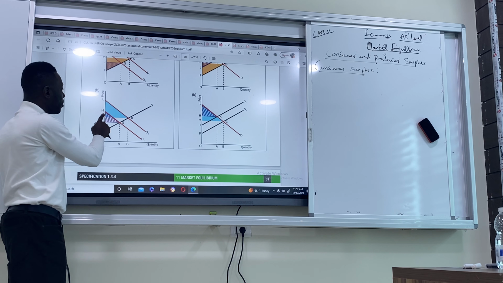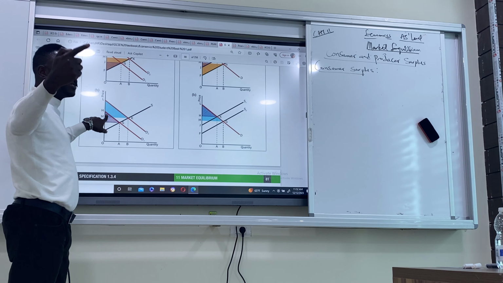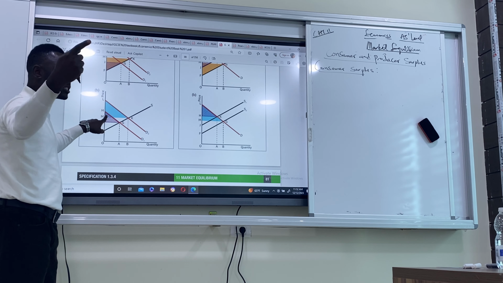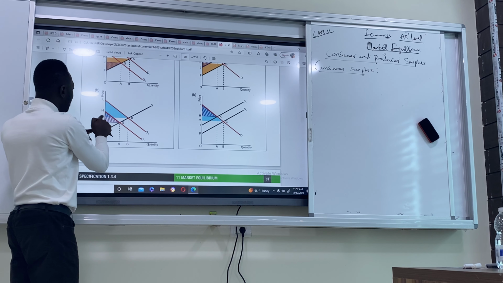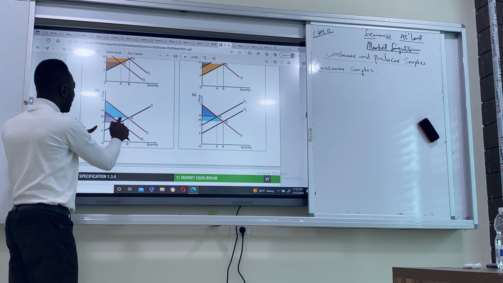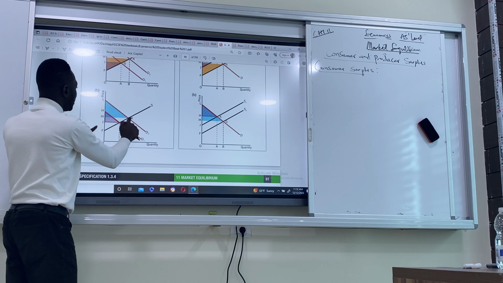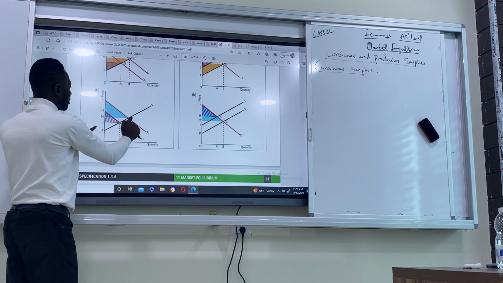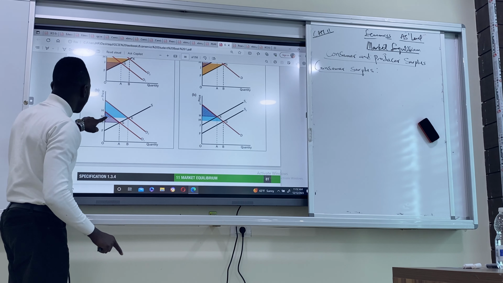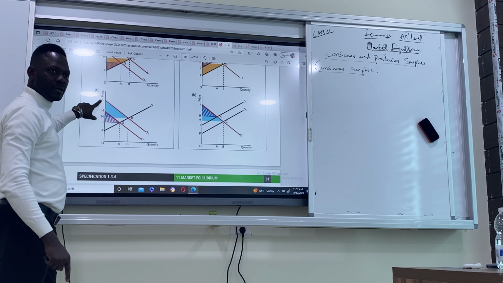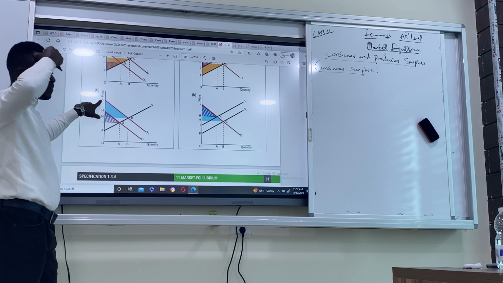But an increase in the quantity demanded will increase consumer surplus into this. So the new consumer surplus will be MKL. This is a new consumer surplus, from MJG to MKL. Do you get it or not?